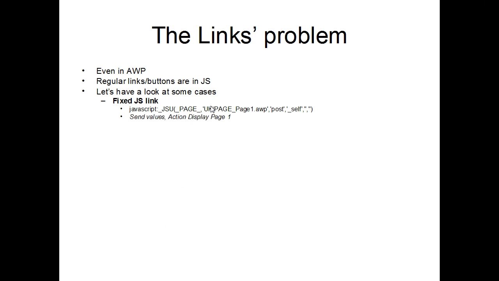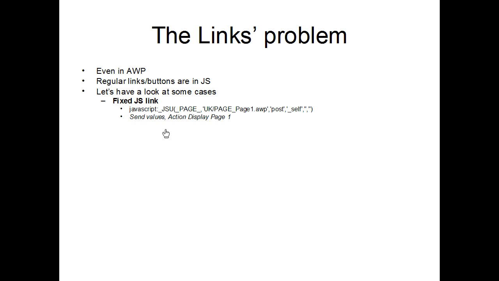That is the link when you select send values, and the link is to display a fixed page that you fixed as an action, not by code, display page 1. So even though you know in advance the page that you're going to, because you send value, you're going through this JavaScript code where, okay, there is the name of the page that you're going to, but it is JavaScript, which means that the search engine will not do anything. And that's the send values creating the problem here.